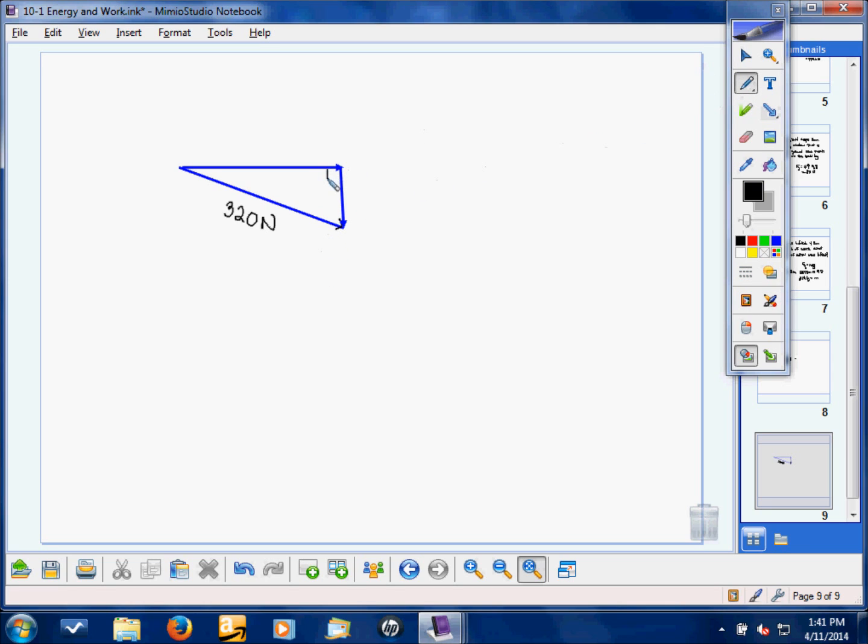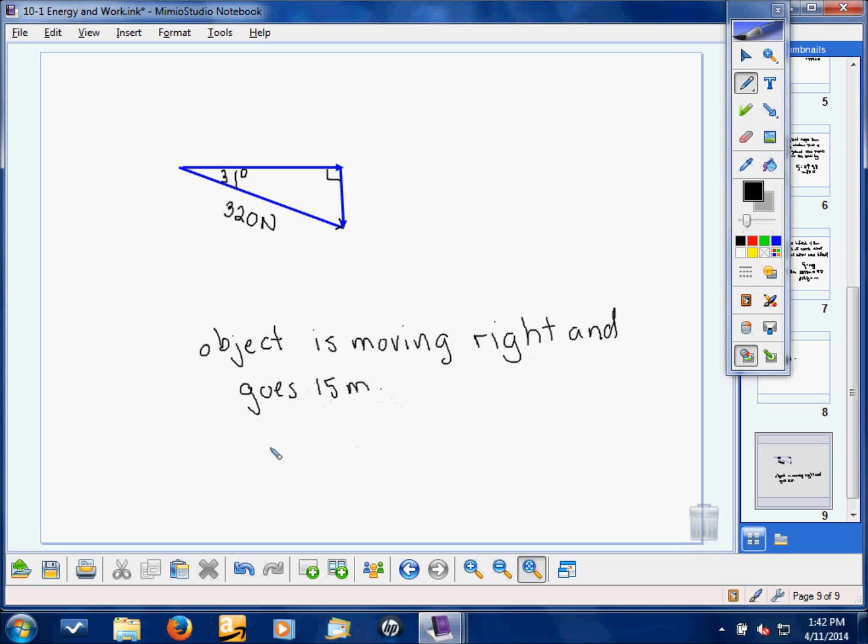Let's say the angle here is 31 degrees. And the object is moving to the right and goes 15 meters. Now we need to find the work.